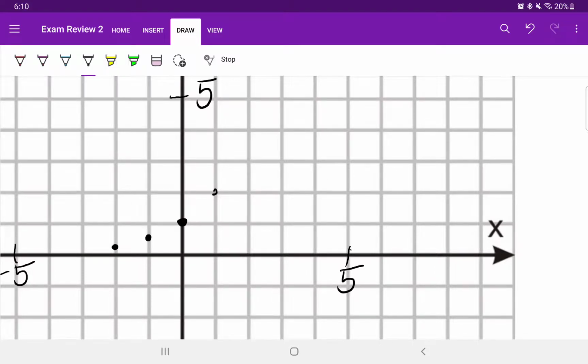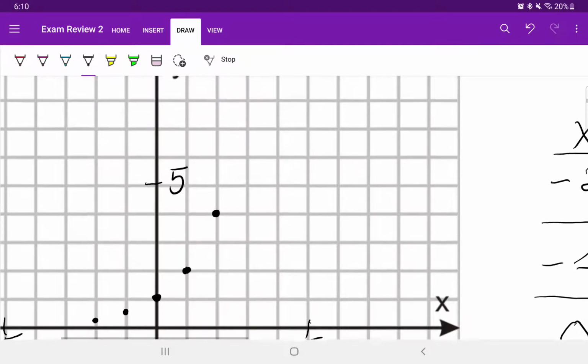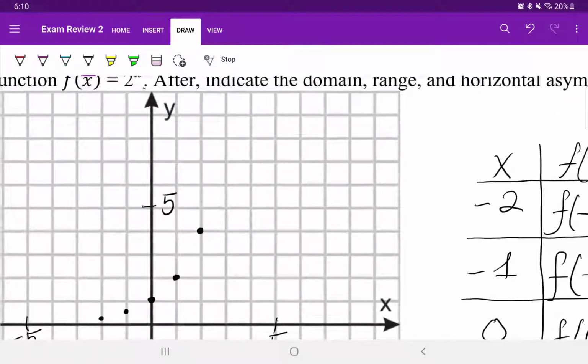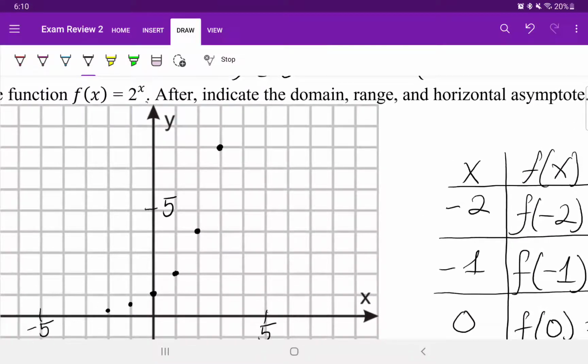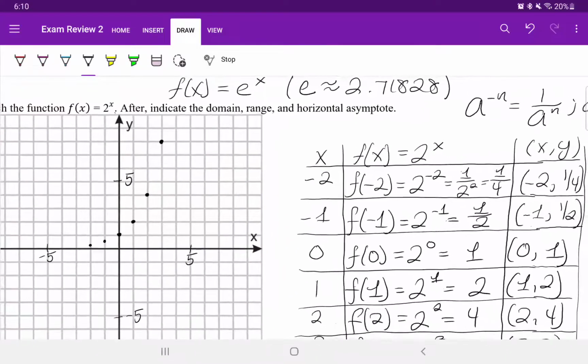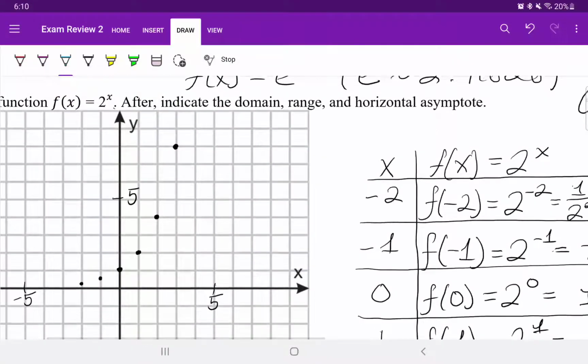Then we have the point of 1, 2, which is going to go right there. The point of 2, 4, which is here. And then the point of 3, 8. Let me zoom out to get 3, 8, which will be right here. Those points match the points that I have here. And then we're going to sketch that function to the best of our abilities.